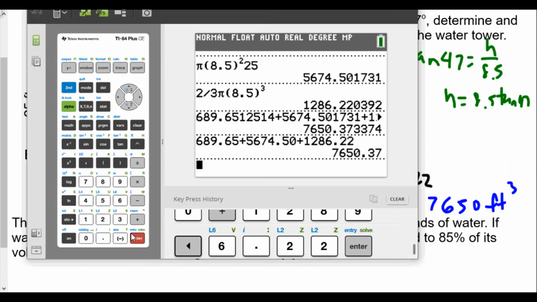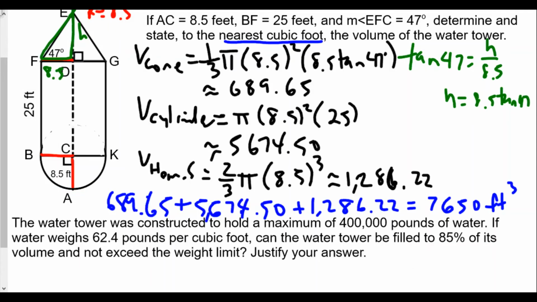And we add those together, we still get 7,650.37, the same exact thing. So whether you round off to two decimal places and then use the numbers or just grab them from the calculator, that's totally good. You get the same exact rounded value. So this will be the answer for the first question. That's our volume of the water tower.